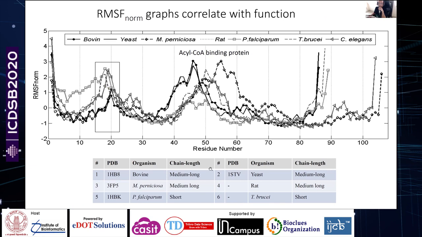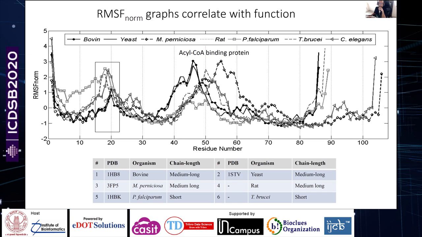And as you can see, the chain length of the acyl-CoA is given here. So the bovine, the yeast, the M. perniciosa, and the rat have a medium-long chain, and the falciparum and the T. brucei have short chains. If you look at the graphs here, the shorter ones are highly flexible, whereas the ones which are medium-long are clustered together here.